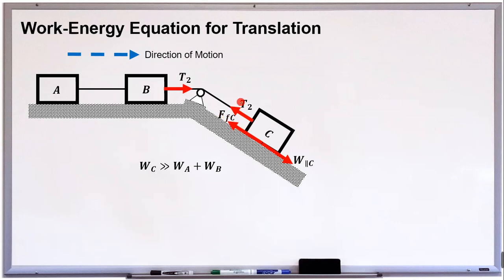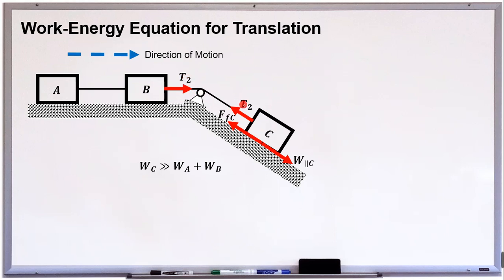We also have a tension that exists on the rope that connects block C and B. If we have a frictionless pulley right here, we can assure that the tension on block C and on block B are equal.